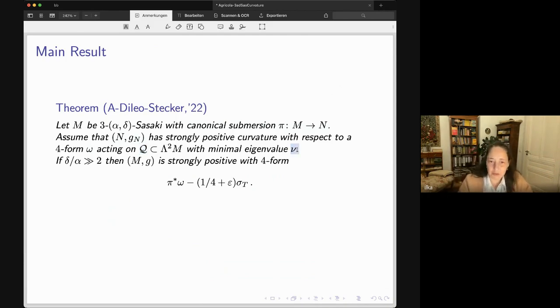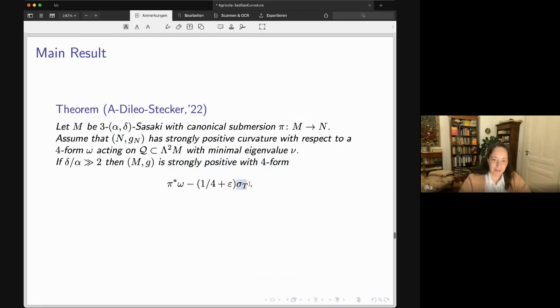Which actually I could have deleted because it doesn't appear anymore. And if delta over alpha is large enough, much larger than 2, my manifold is strongly positive with four-form given by, well, sigma T, philosophically, as I said before. The minus 1/4, which I had in the slide before, remember, still has to be modified by a little epsilon, which is here.